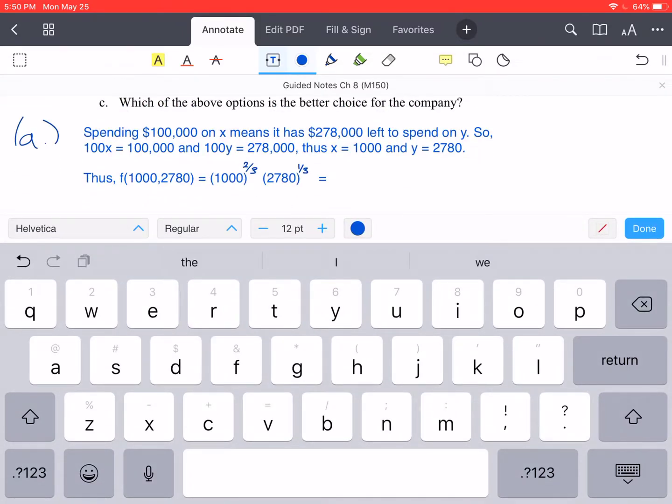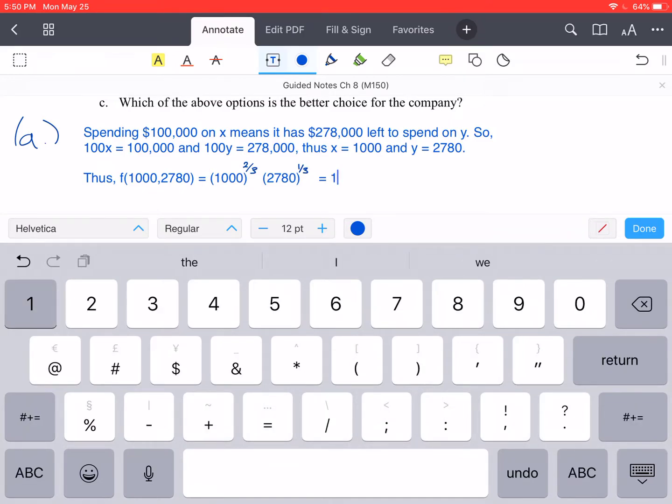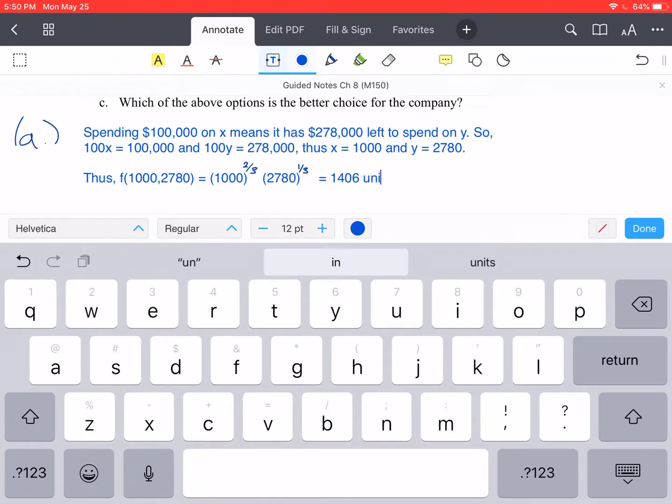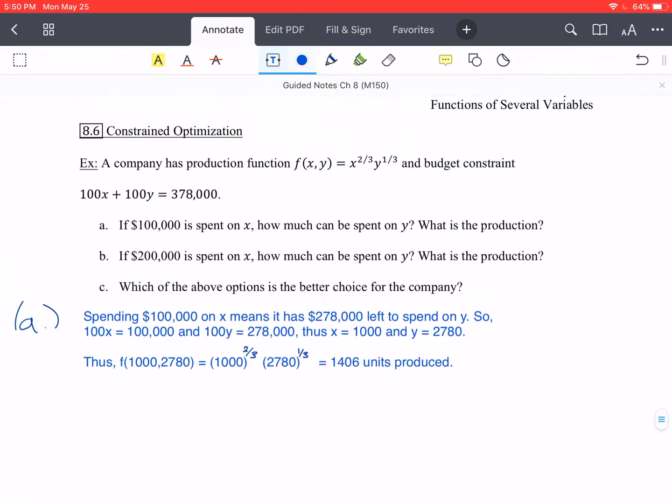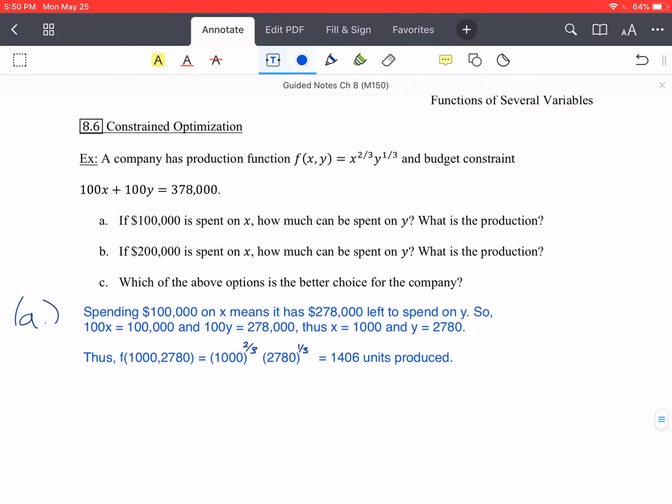And if we go ahead and plug and chug those numbers, we get about 1,406 units produced. Okay, so that is the production of this product, whatever it is.